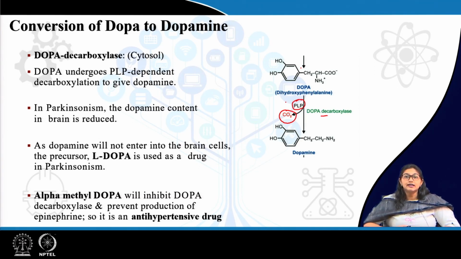Now, remember, this step is important for dopamine formation, which is a very important neurotransmitter. Why important? The very common disease Parkinsonism manifests because there is reduced dopamine in the brain. So, this step, the dopa decarboxylase enzyme, is very important. This is responsible for formation of dopamine from dopa.